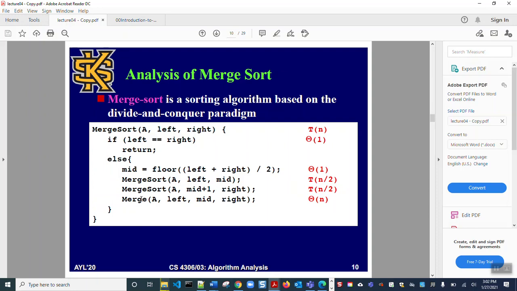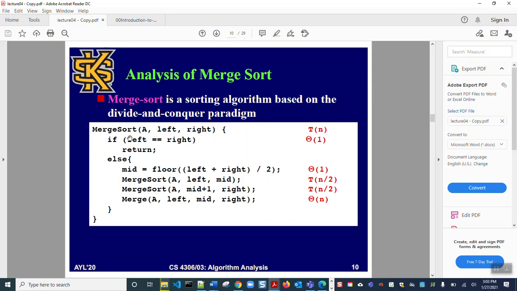Now, for a merge sort algorithm like this, for each step, how much time is needed? Let us say the time complexity is T of n, where n is the input size.